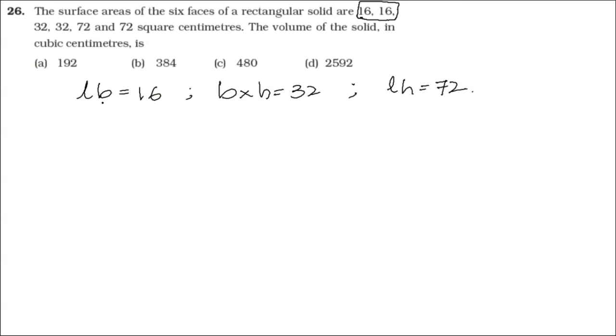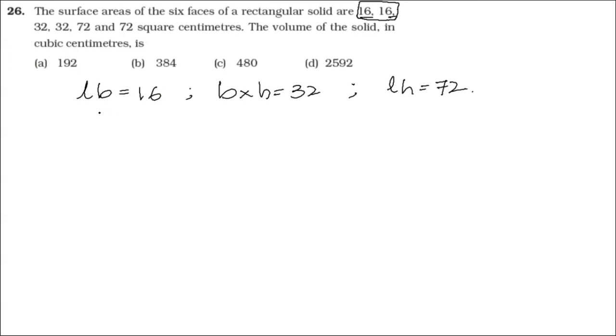So L into B, this dimension will be there two times. So these are those 16 and 16. B into H will be there two times. It is 32, 32. And L into H will be there two times. It is 72 and 72.